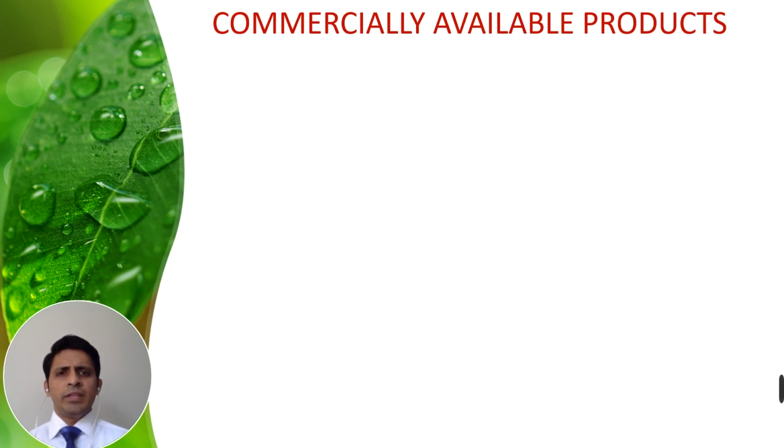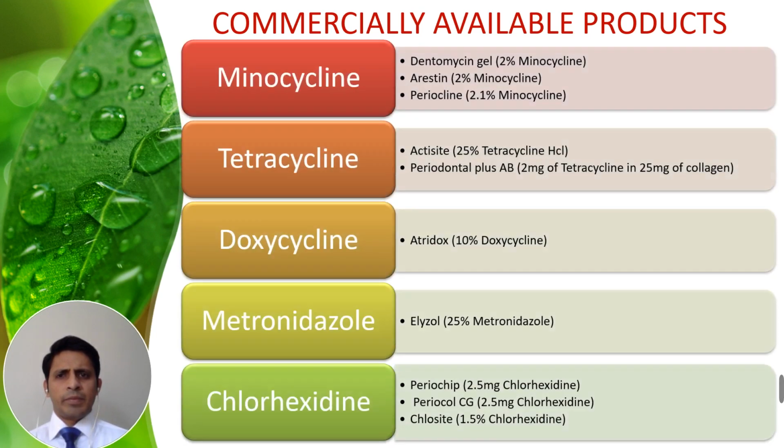Now we will see the commercially available products and the drugs that are used in local drug delivery in periodontitis. These 5 drugs have been used successfully. The first is minocycline. It is available in the form of Dentomycin gel, Arestin, and Periocline. The second important drug is tetracycline.